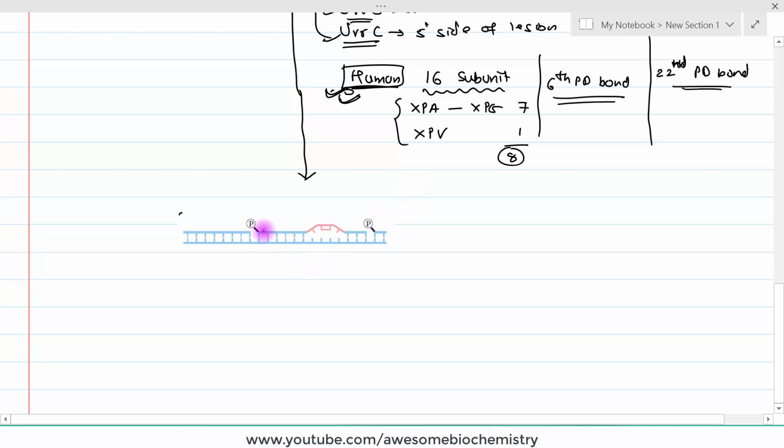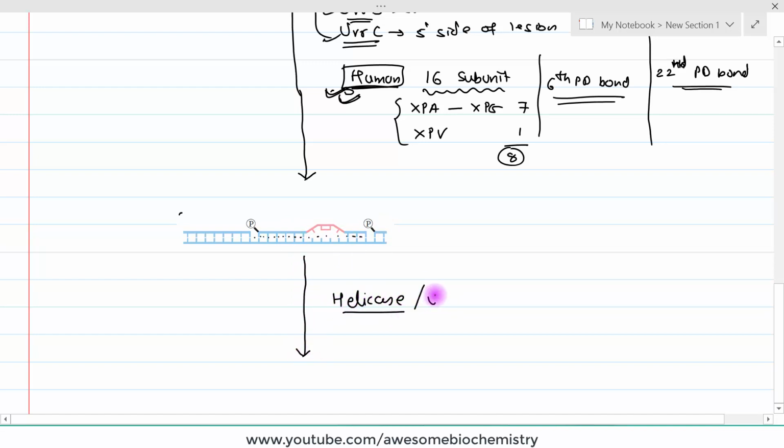Now what do you think? Now this piece of, particularly this small piece of DNA is now separate. It is just bonded with this opposite strand by these weak hydrogen bonds. But still multiple weak hydrogen bonds will not let this piece of DNA go away. Now some enzyme is required which can break down these hydrogen bonds. So for that, nature has provided us one enzyme, that is helicase.